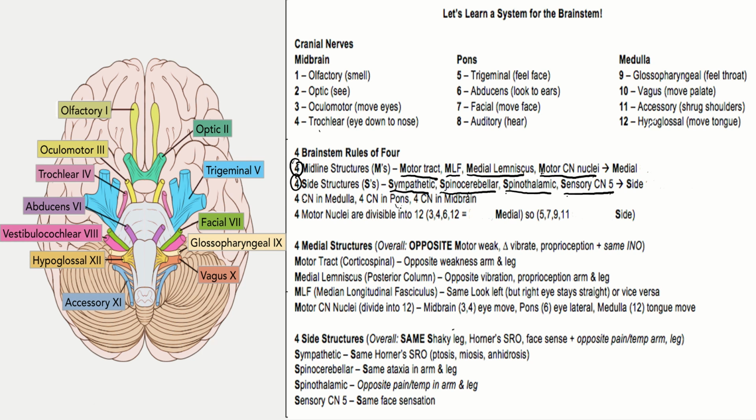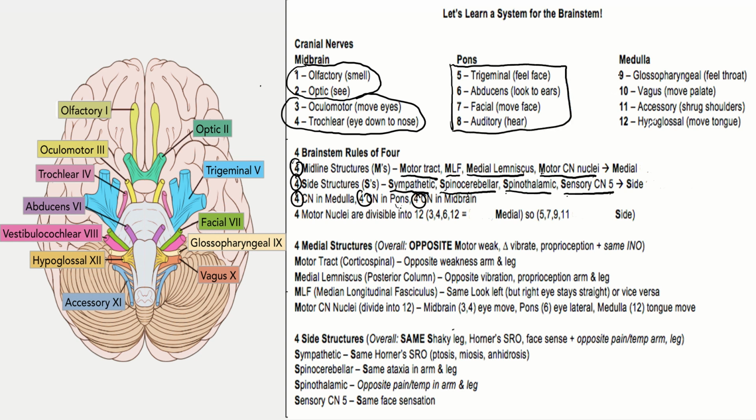Next, remember the rules of 4 too, so 4 cranial nerves in the medulla, 4 in the pons, 4 in the midbrain, though really these aren't as much in the midbrain as nearer the temporal lobe, but remember that 3 and 4 are going to be in your midbrain. Pons is 5, 6, 7, 8, so 4 of them, and then medulla is going to be 9, 10, 11, and 12.